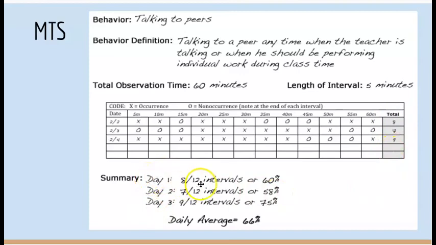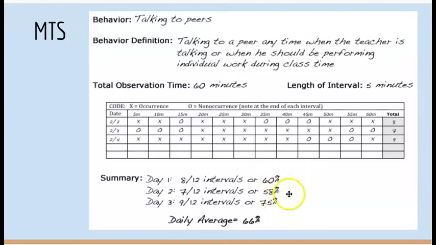So day 1, 8 out of 12 intervals, the behavior was occurring at the end. So an estimate of 60% of class time, the learner was talking to peers. Another day you observed, you had 7 of 12 intervals, 58%. Day 3, 9 out of 12, 75%.